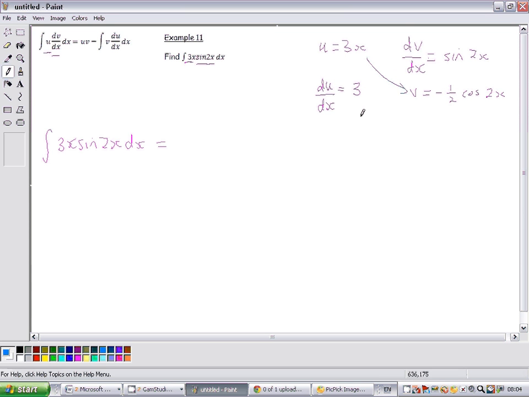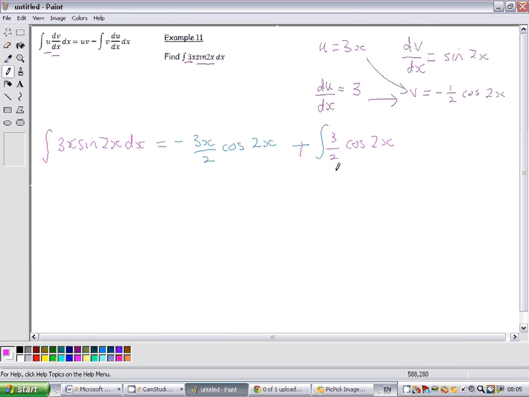So that's minus 3x over 2 cos 2x, just multiplying those two together, that's u times v, and then we're going to subtract the integral of v multiplied by du by dx. So in other words we now do the bottom two, so it's leading diagonal minus the integral of the bottom two. So it's going to be minus the integral of 3 over 2 cos 2x. We're subtracting it, it's negative, so I'll save time and make that into a plus there.